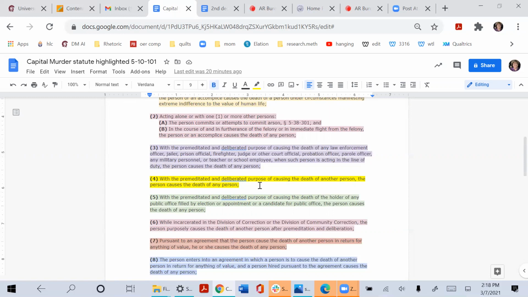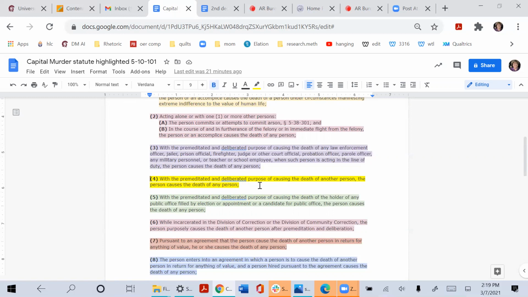So instead of, like we saw in second degree murder, it's knowingly under circumstances manifesting extreme indifference to the value of human life as the generic kind of category. We have a much higher level of mens rea, or much more heinous or negative level of mens rea, premeditated and deliberated.